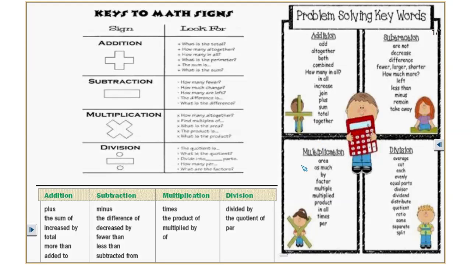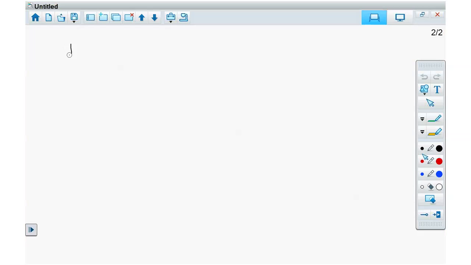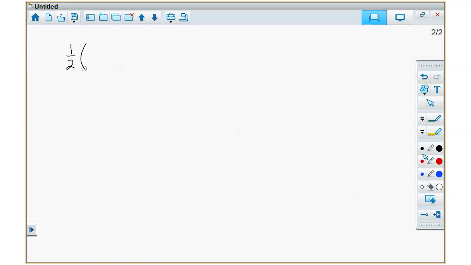Okay, now let's get back to our problems that we were working on, and I think I left off with fractions. One half times x minus 3 equals 1/4 times x plus 5.